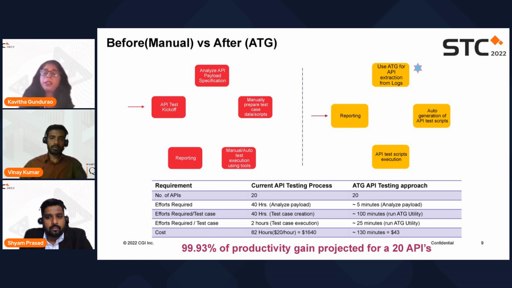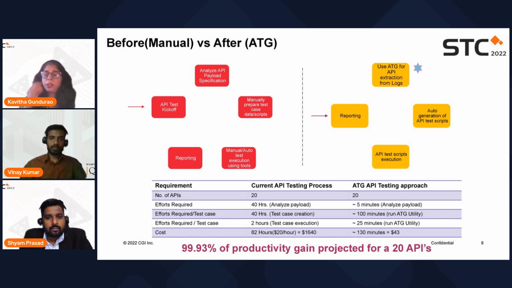Now with ATG, let's look at the kind of effort it takes. For the same 20 APIs, it took only about 5 minutes because the analysis of the payload was done by the tool. For automation creation, we had to feed into the Robot Framework and create those scripts, which took about 100 minutes, and execution was very fast, around 25 minutes.